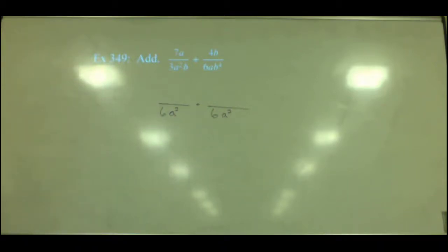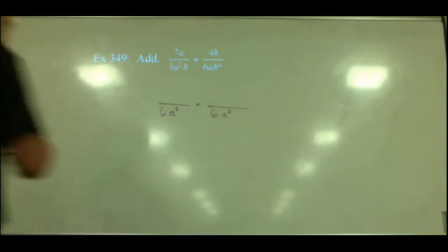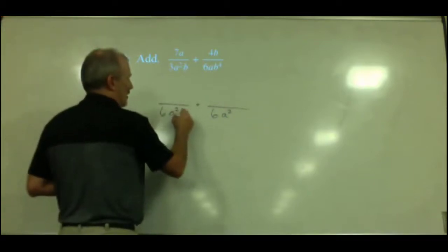And then we look at the B's. And again, we're focusing on the denominator right now, not the numerator. How many b's will we need in our common denominator? 4, because that's the biggest number of b's that we have.